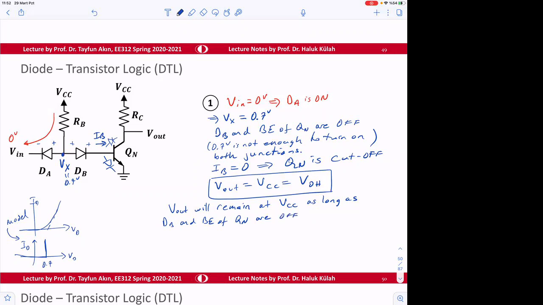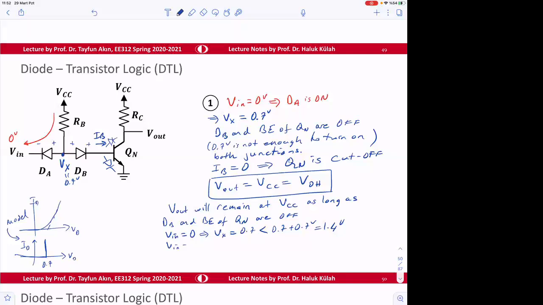If Vin is equal to 0, we know that Vx is equal to 0.7, which is less than what? The voltage of the diode plus V base-emitter of Qn, so 2 times 0.7 plus 0.7, which is 1.4 volts.